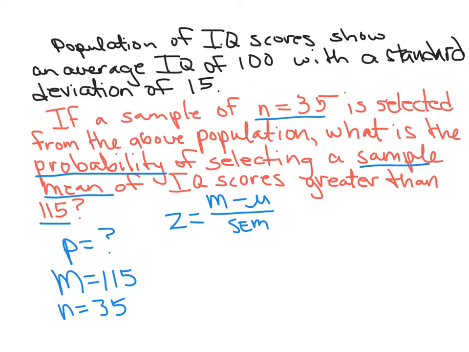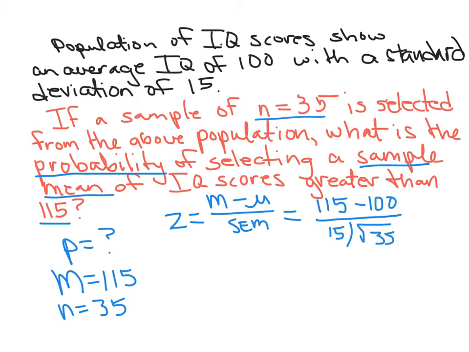To plug that in, I'm going to go 115 minus the population mean, which is 100, divided by, and remember standard error of the mean is the population standard deviation, so that's 15, divided by the square root of sample size, which is 35.